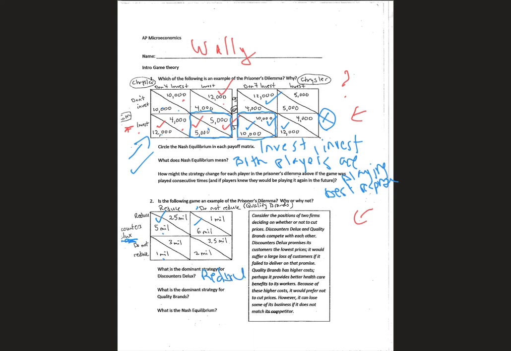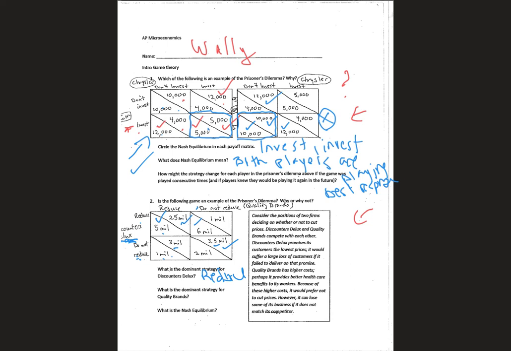The question becomes, is there a dominant strategy for Quality Brands? Well, if Discounters Deluxe reduces, Quality Brands should reduce. But if Discounters Deluxe does not reduce, then Quality Brands should not reduce because 3.5 is greater than 3 million, okay?